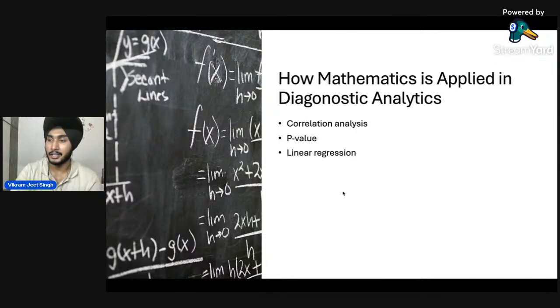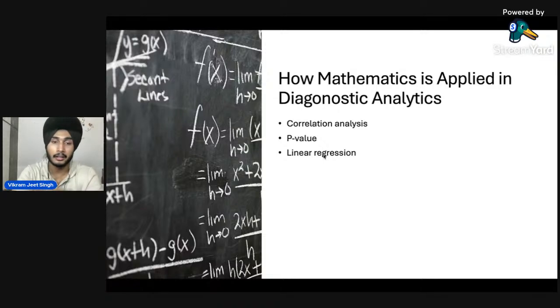We use linear regression in diagnostic analytics as well. It is a part of ML though, but we use it so as to understand how two values are performing.